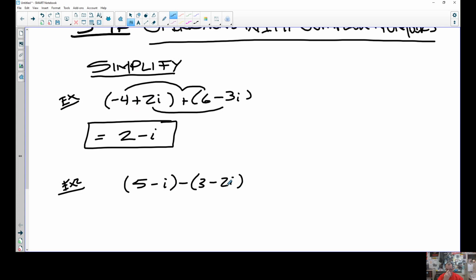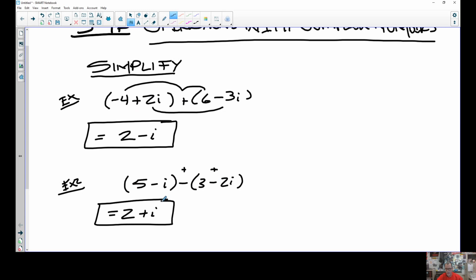So now, again, we're going to look at this as an operation, subtraction of two complex numbers. So 5 minus 3 is equal to 2. Negative i minus a negative, so this becomes plus a positive 2i. So negative 1i plus 2i is a positive i. And we end up with 2 plus i here.